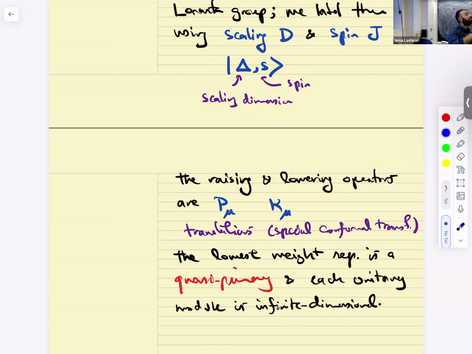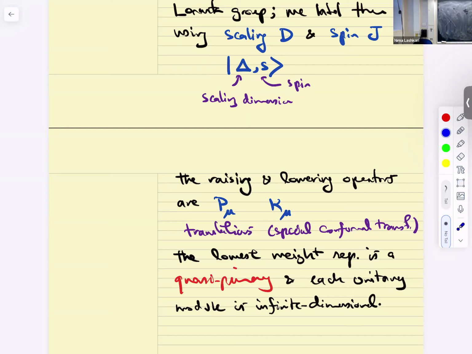By acting with P mu, like a creation operator, you just add excitations and make what is called a primary module, an infinite dimensional vector space. Why is it infinite dimensional? These are unitary representations, and these are non-compact groups, right? It's P mu. It better be infinite dimensional.